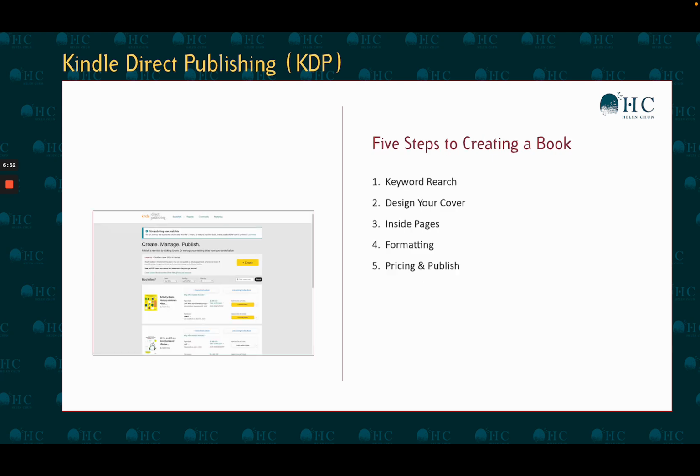So 5 steps to creating a book. Now, keyword research. Keyword research is a really important one, because this is what you need to do before you decide what book to publish. Because your aim is to be number 1 in your category, or at least on the first page.